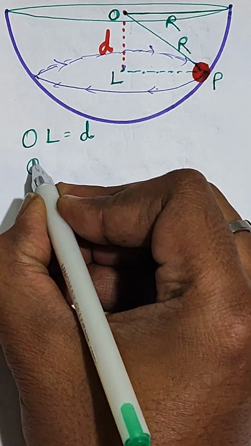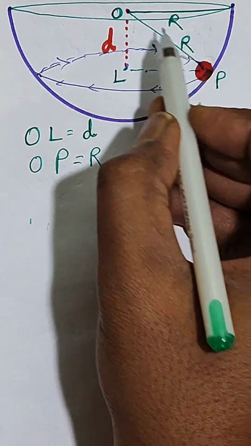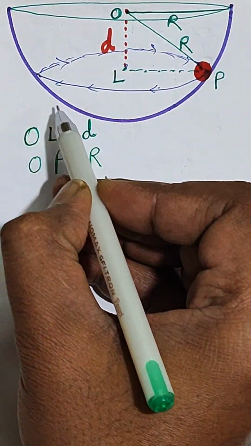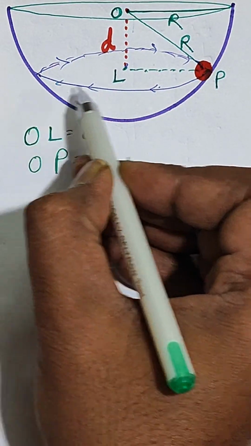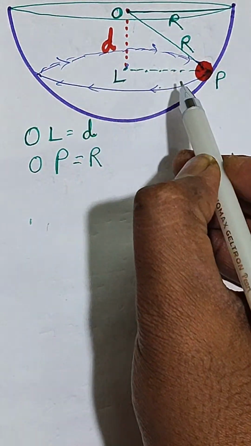And OP is equal to capital R, because this is the radius along the surface of the bowl. Wherever the particle goes, it will be at a radius R, but it is rotating at a certain depth d. This is the condition which is happening.